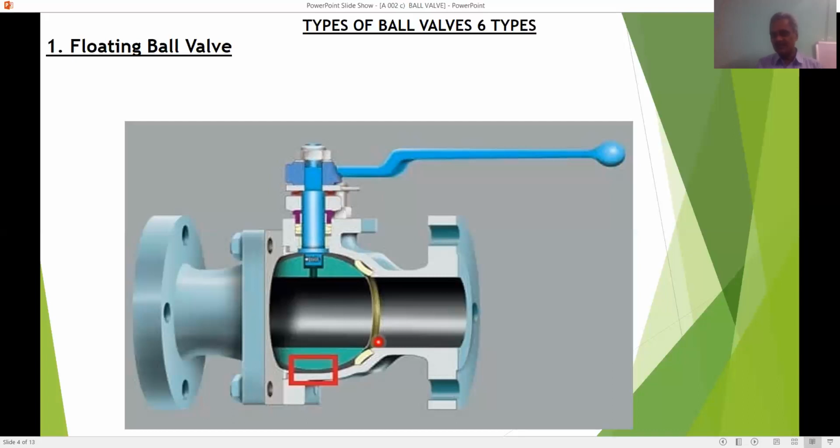This type of valve design is capable of bidirectional shut-off. The floating valve is very difficult to operate; that we should understand in the field only. This is type 1, floating valve.